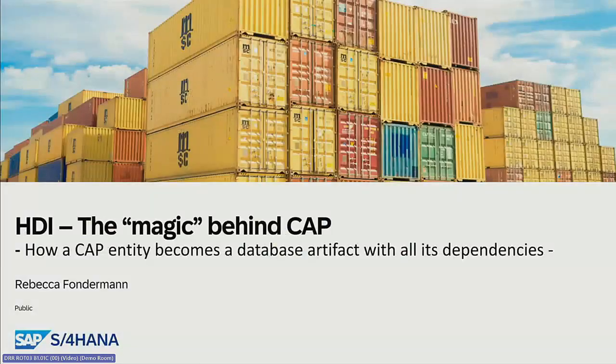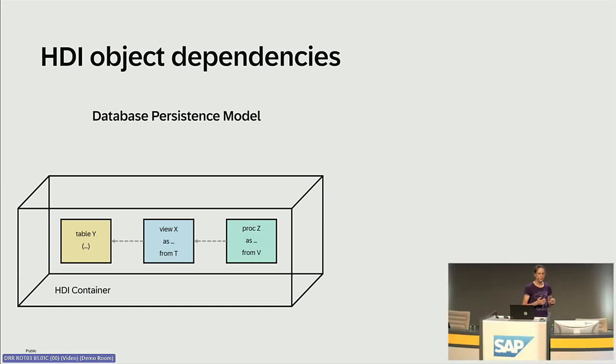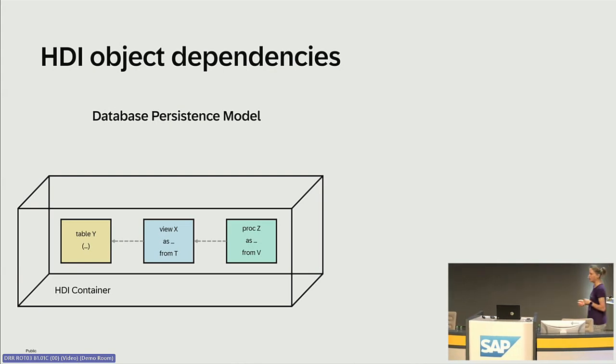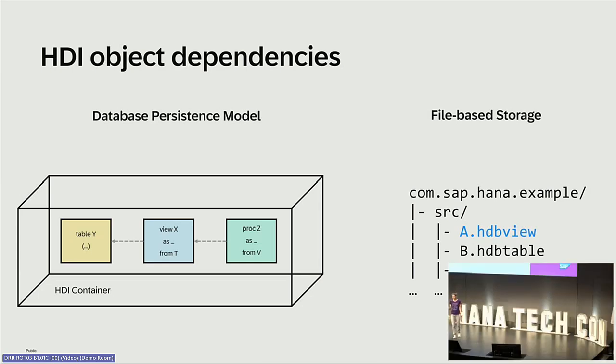Okay. So we have a database persistence model. In our case, we have the houses, the students, and so on. In this example here, we have only 3 database artifacts, so one table Y, a view X, and a procedure Z. And then we have seen that for every database artifact, one design time object, one file is generated.